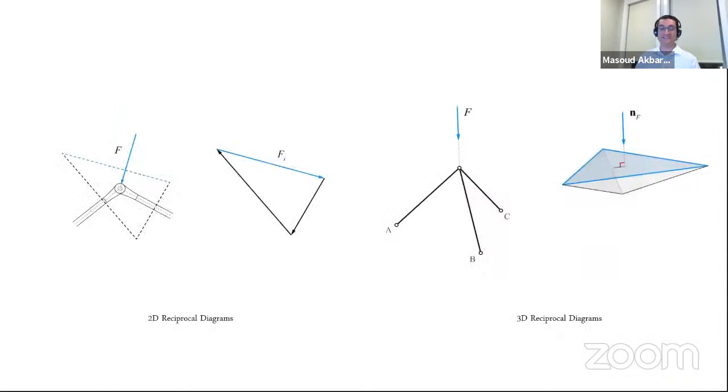Anyways, the gist of this very short publication is that if you have a node in 3 dimensions, the equilibrium of that node can be represented by a closed polyhedron of forces. So polygon versus polyhedron, where each face of this polyhedron is perpendicular to one of the edges or the members of that node.